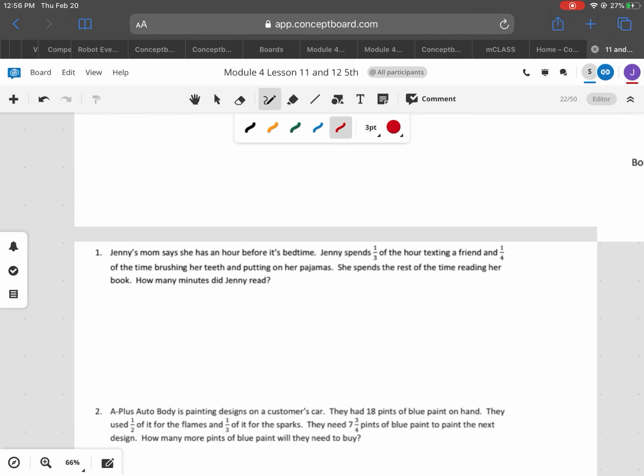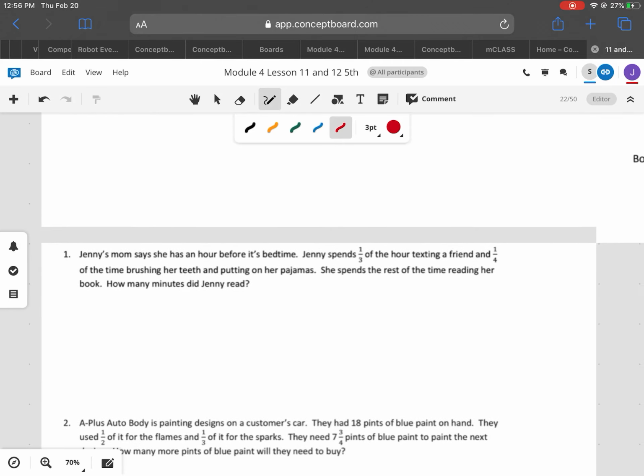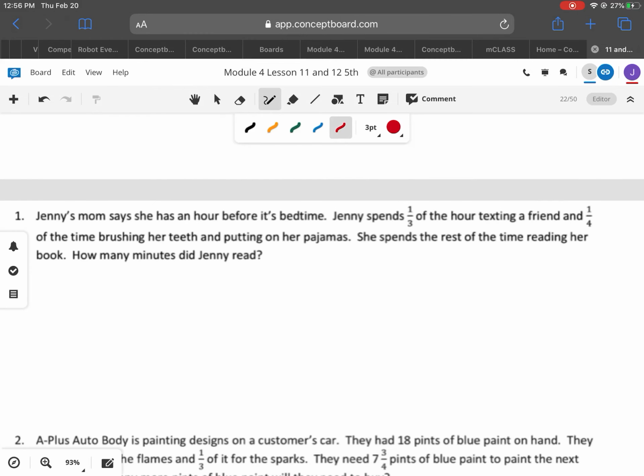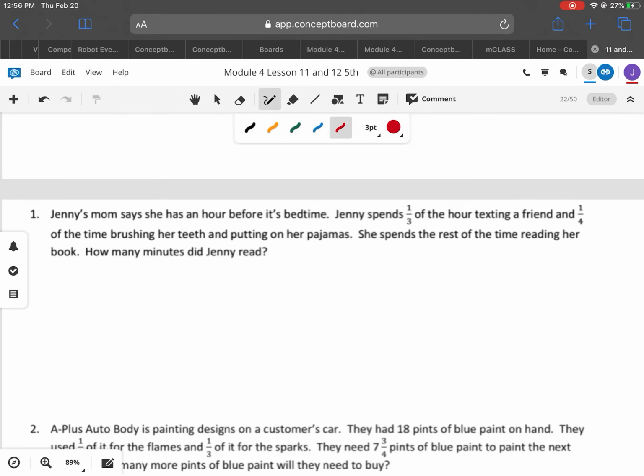Let me check one of these. Jenny's mom says she has an hour before bedtime. Jenny spends 1/3 of the hour texting her friend, 1/4 of the time brushing her teeth and putting on her PJs together. All right, so we have 1/3 of her hour texting a friend.